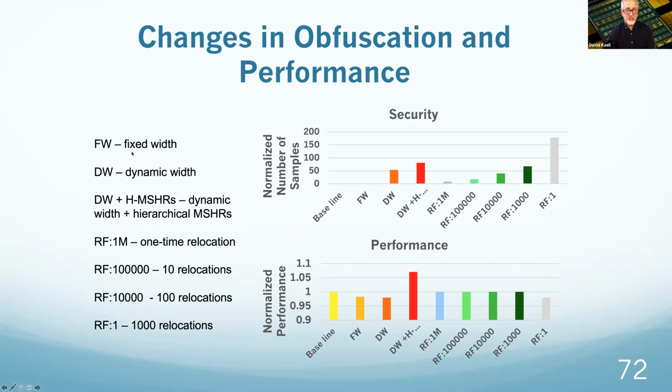We basically looked at how we can do both a fixed width coalescing unit and a dynamic width one, and with hierarchical MSHRs we actually get a fairly significant performance boost, almost 7%.